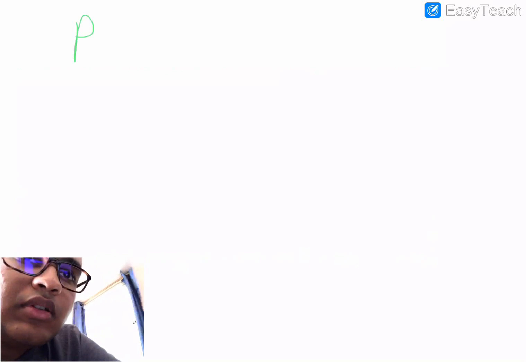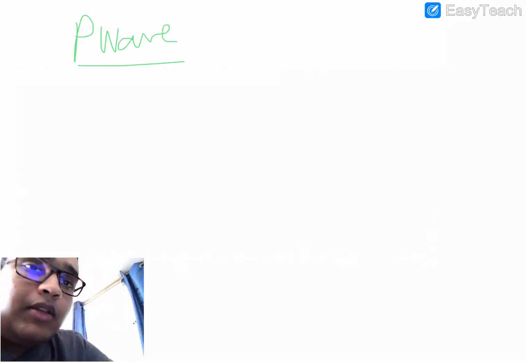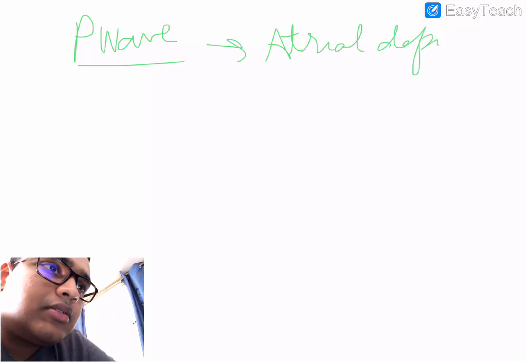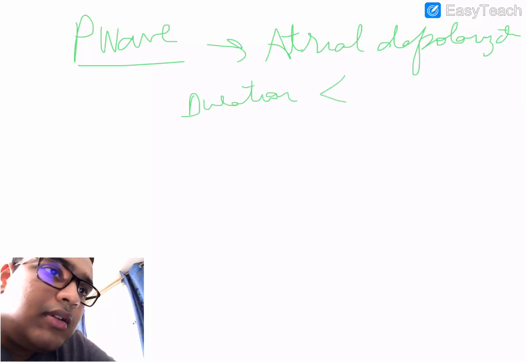So the P wave represents atrial depolarization, and normal P wave duration is less than 120 milliseconds.